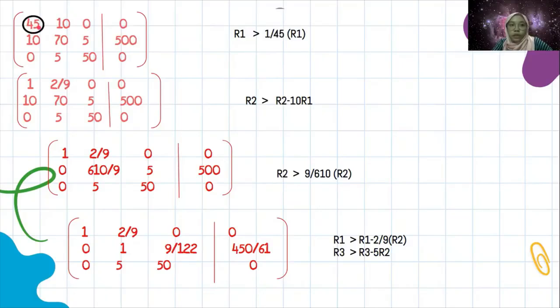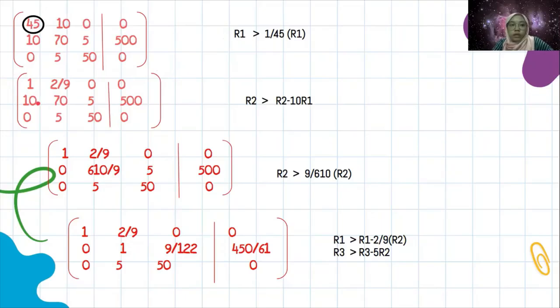First we focus on this number. We want to make this number become 1, so we make an equation in order to make the 45 become 1. We apply all the numbers in row 1 in this equation, and then we get the new numbers for row 1.